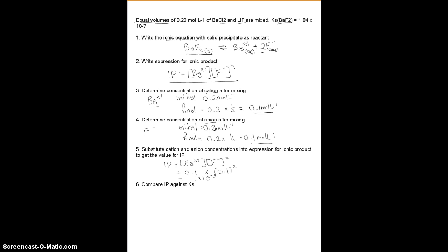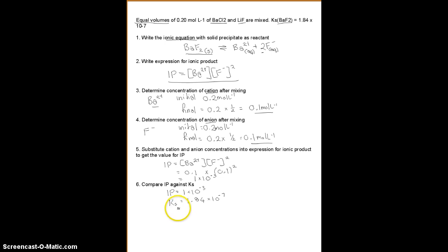What we now need to do is compare this value against the original value of Ksp that we were given. So in this case IP is equal to 1 times 10 to the power of negative 3, and Ksp is equal to 1.84 times 10 to the power of negative 7, as given in the question.